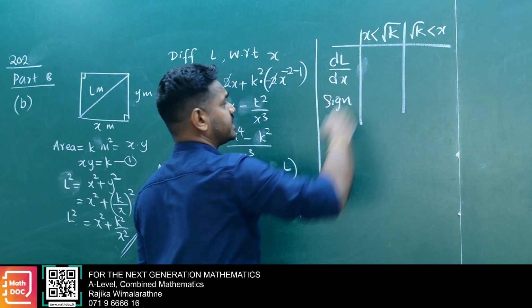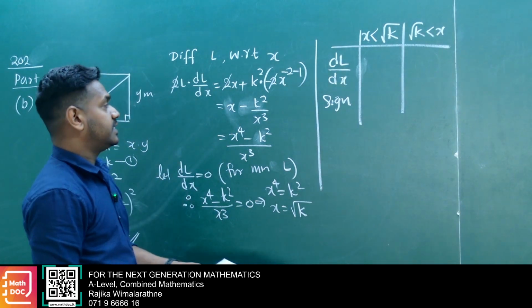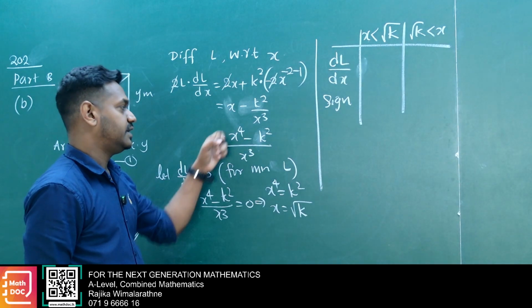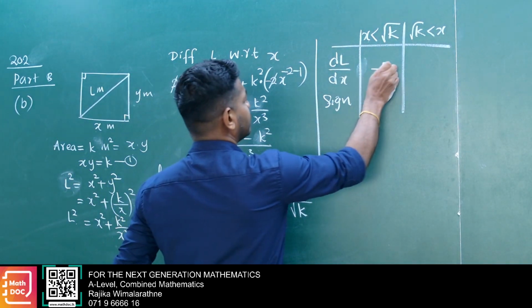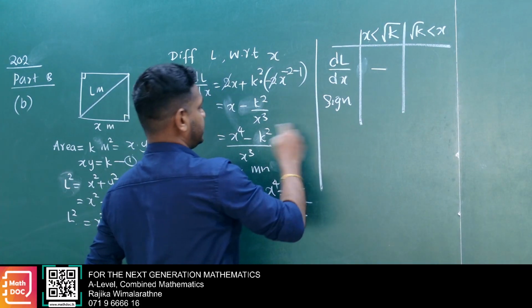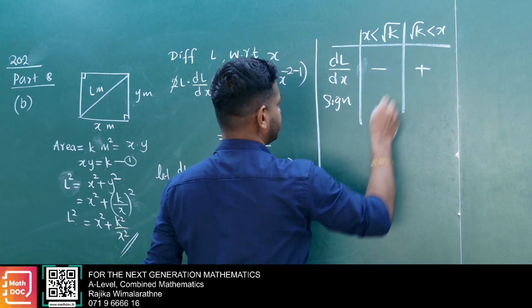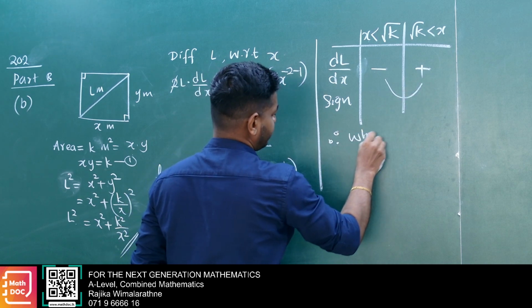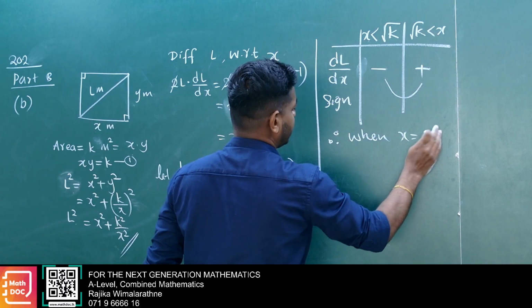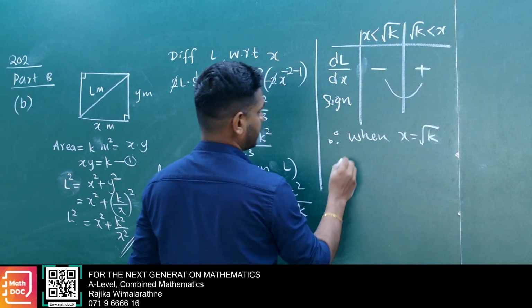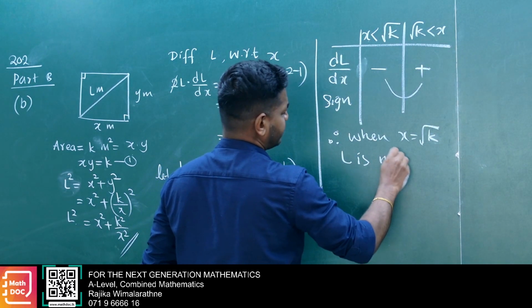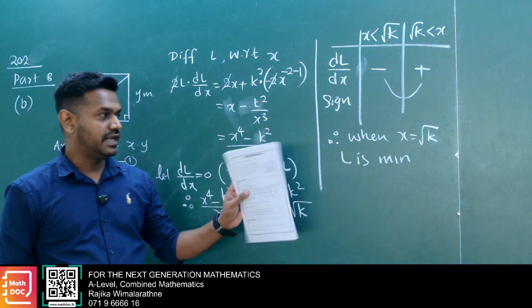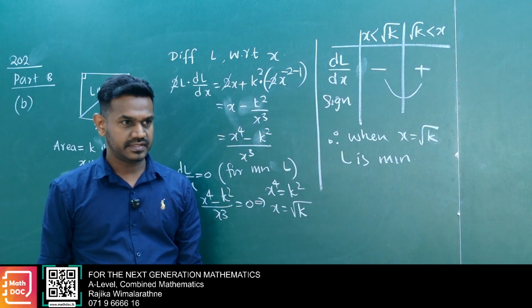If you consider less than root K, here negative, greater than root K, this part is positive, then minimum. Therefore, when x equals root K, L is minimum. That's how we do.